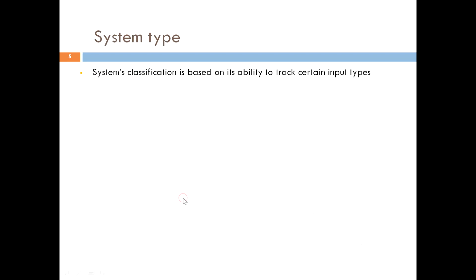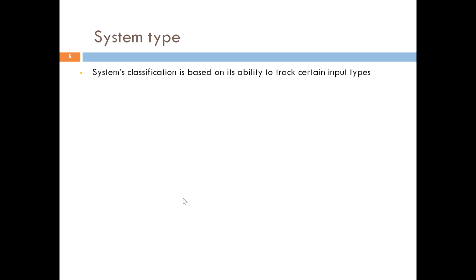In terms of the system type, we basically characterize a system type on the basis of the system's ability to track certain input types.